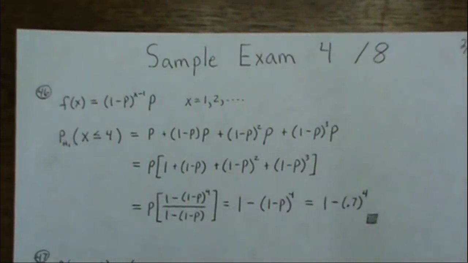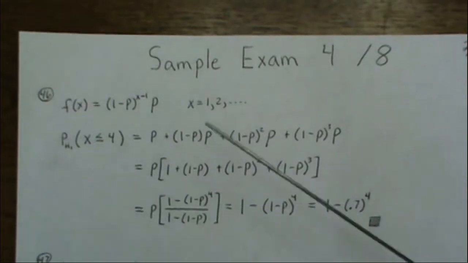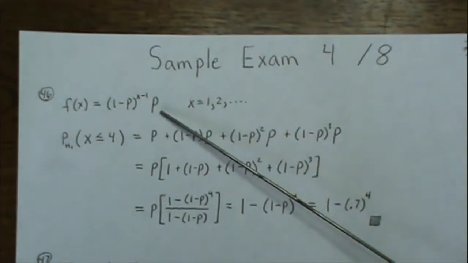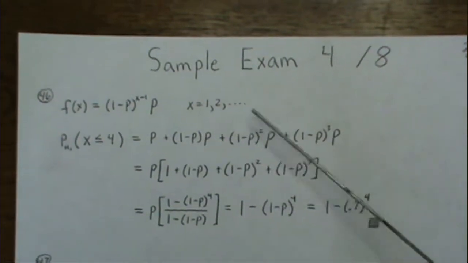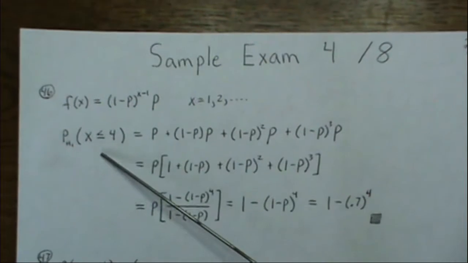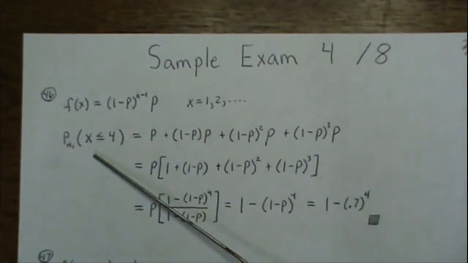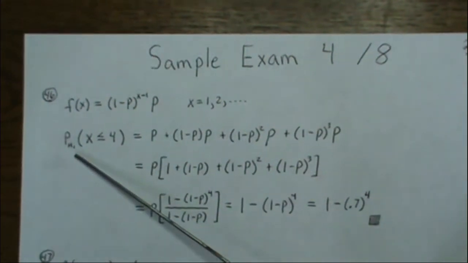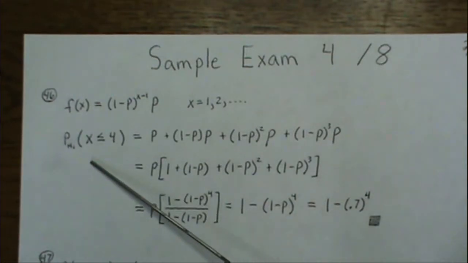So problem 46 is we are given this, that we're going to repeat a trial until we have a success. So the density for it is this, where x is 1, 2, 3, etc. And we want to find the probability that x is less than or equal to 4 under the alternative hypothesis, which is H1. So this is the power of the test.